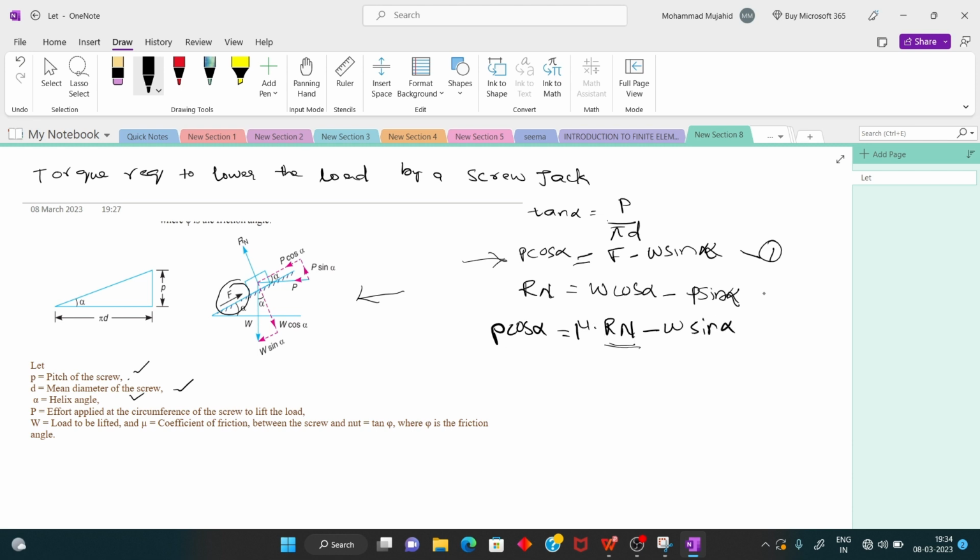So P cos alpha equals mu into W cos alpha minus P sin alpha, minus W sin alpha.